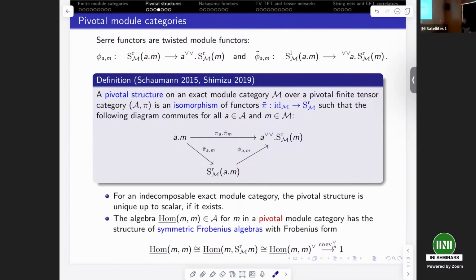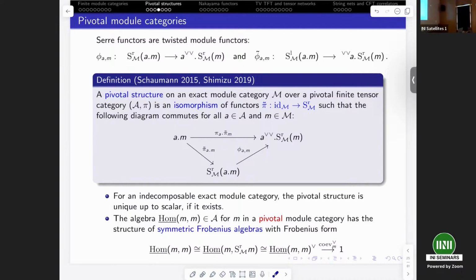The second comment is that if you take the inner end, it is always an algebra, a monoid object in the monoidal category. But if the module category is moreover pivotal, then, and this is a result of Shimizu, this inner end has even the structure of a Frobenius algebra.